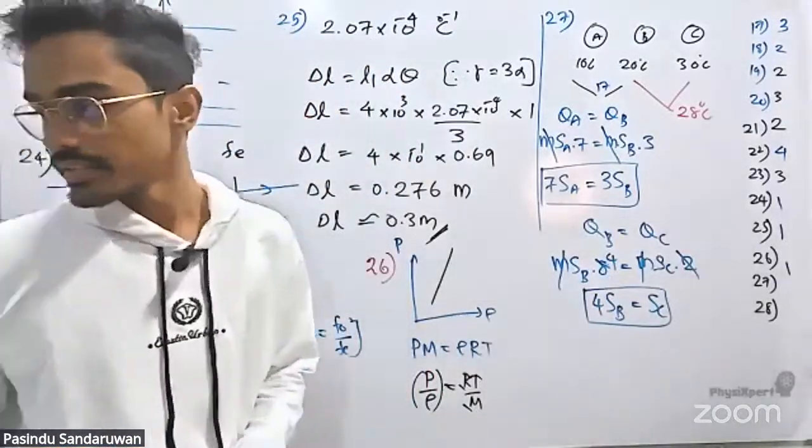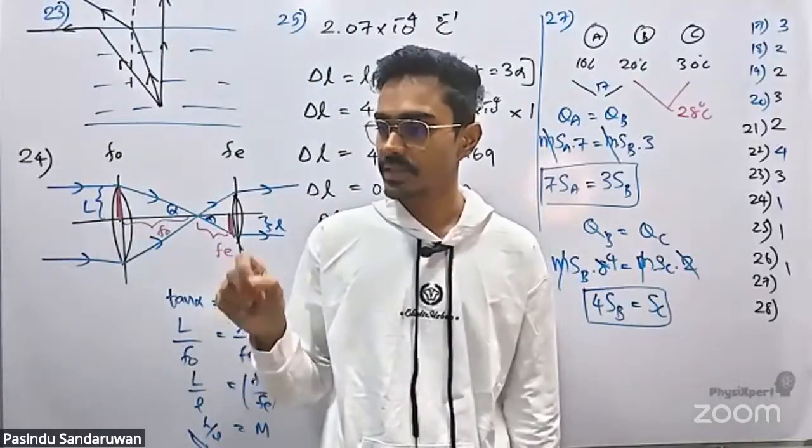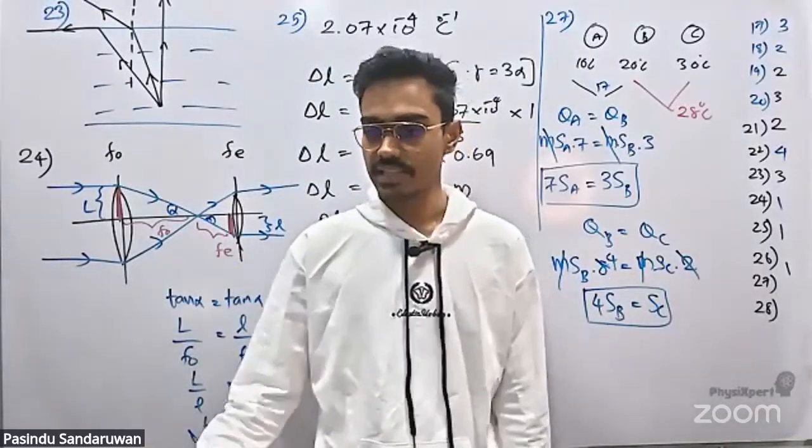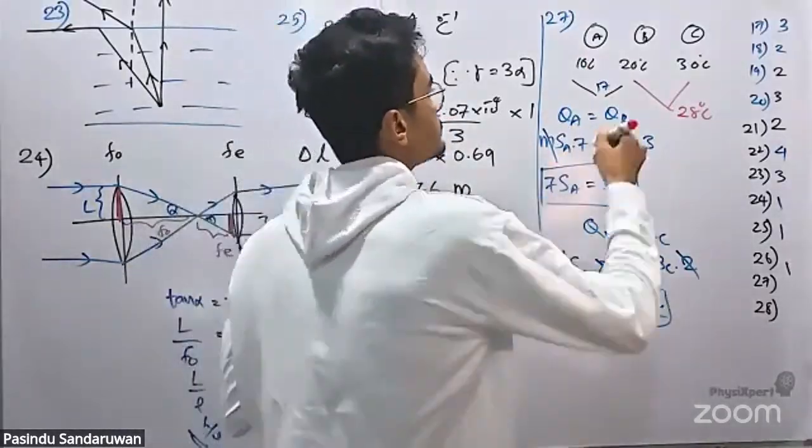Then the question is, what is the final temperature after mixing equal masses of A and C?